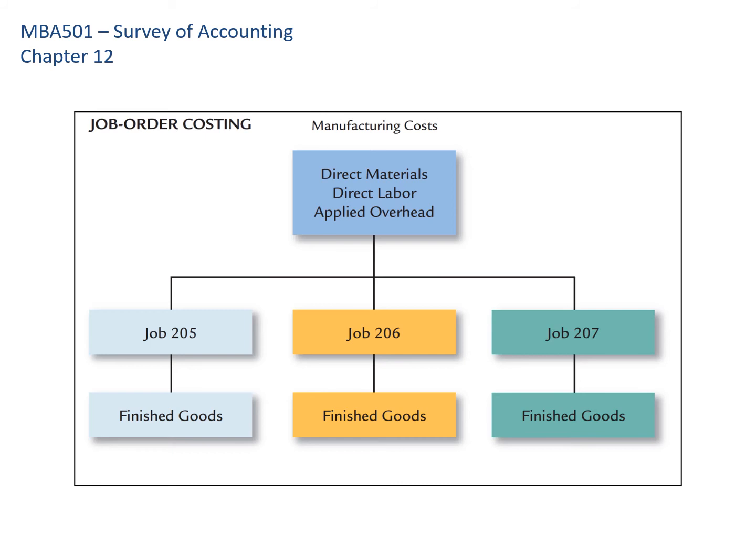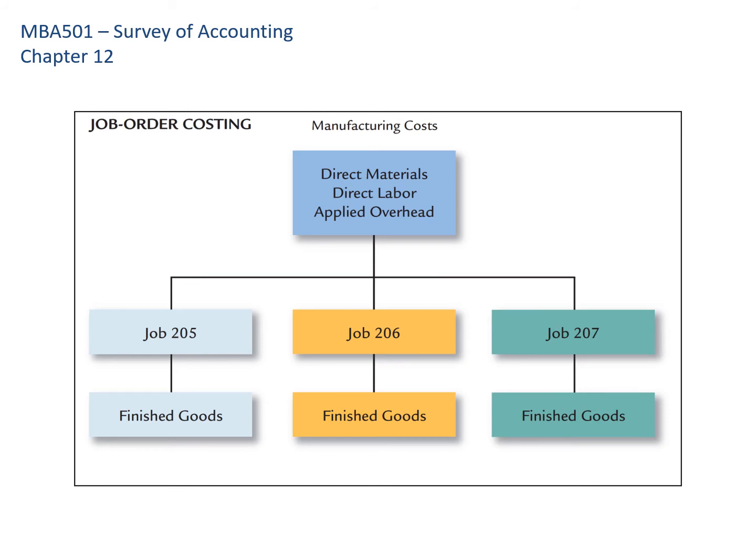I'll look at all of my overhead, and this is the tricky part. I've got rent for my factory, I've got supervisors' wages, I've got forklift drivers, I've got quality insurance inspectors, I've got all these costs that were incurred for the whole factory, and now I need to make an allocation decision. I need to say how much of that overhead should go to each one of those jobs. That's the tricky part. And that's what they talk about in the book, is about choosing cost drivers.